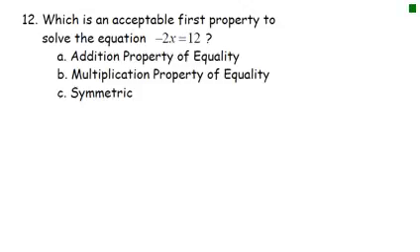Looking at number 12, which is an acceptable first property to solve the equation? So the first thing we would do here is we've got -2x equals 12. So we're going to divide by -2 on both sides. Okay, that is actually the multiplication property of equality.